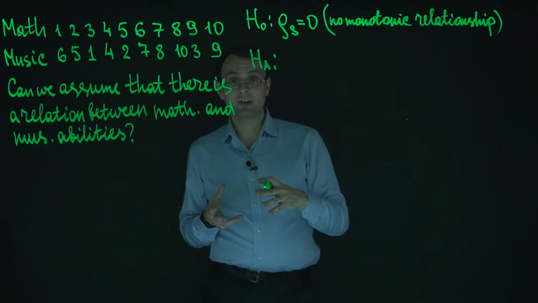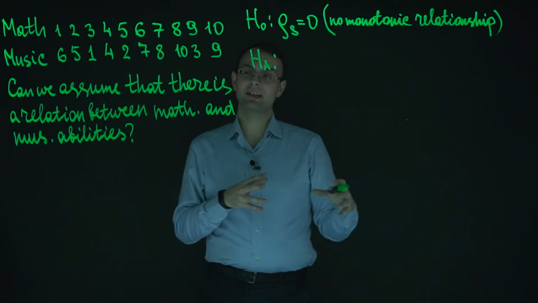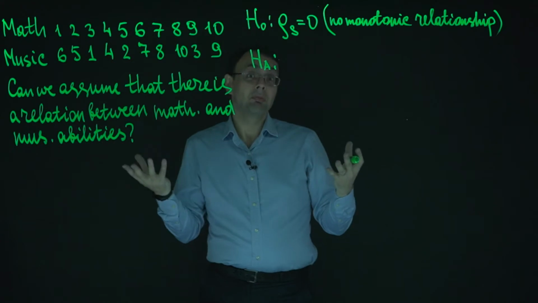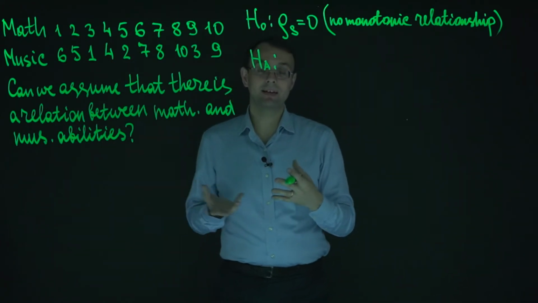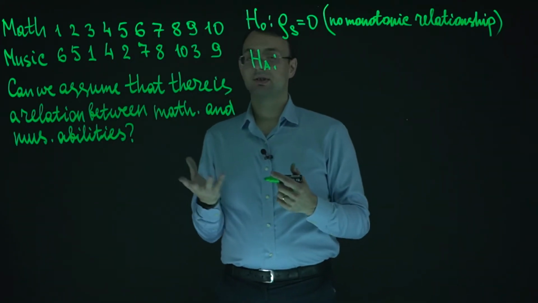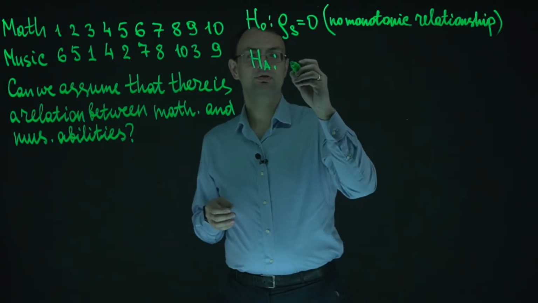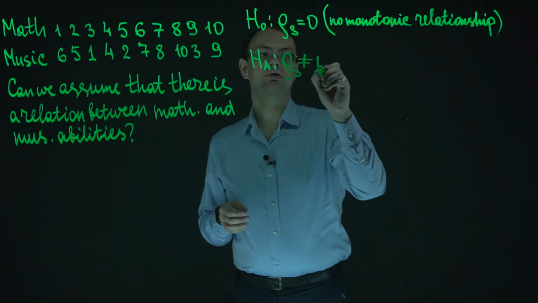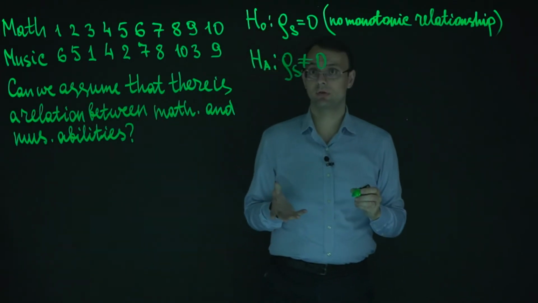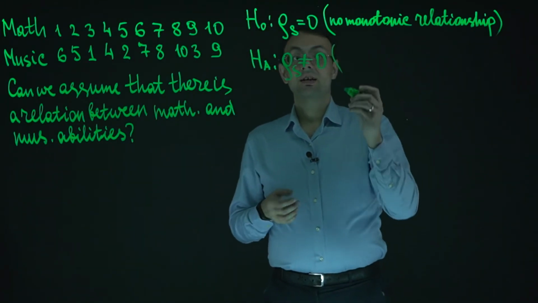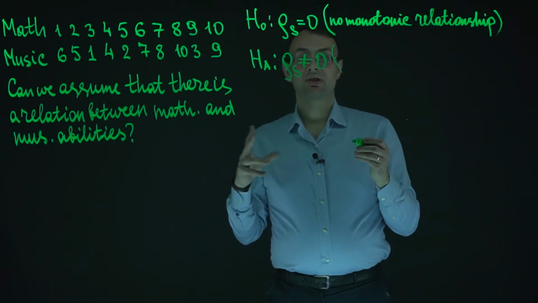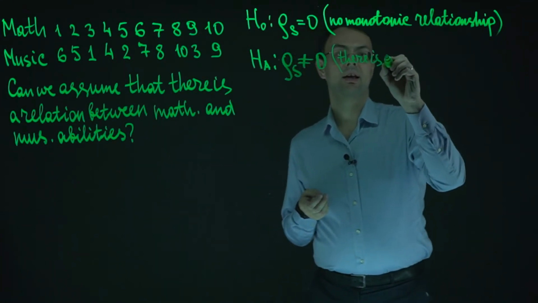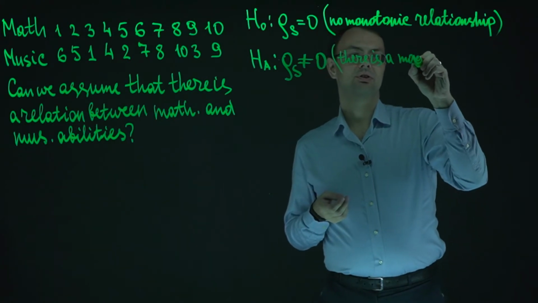Maybe vice versa, the better the one is at mathematics, the worse he or she is at music. So they don't have any ideas about this. So let us also say that the alternative hypothesis is that rho is just not equal to 0, and that's all. And this means that there is a monotonic relationship of some kind.